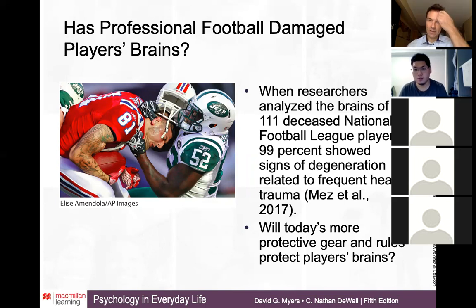It is encased by a cranium, by a skull, by a bone, but still the brain moves in the skull. So when two players collide head on, the brain still moves in your cranium and it hits the wall of the cranium. Okay, so it basically smashes against the wall of your cranium, and that could produce severe damage to the brain, especially when such actions are repeated. So if you don't have to do that, don't do it.